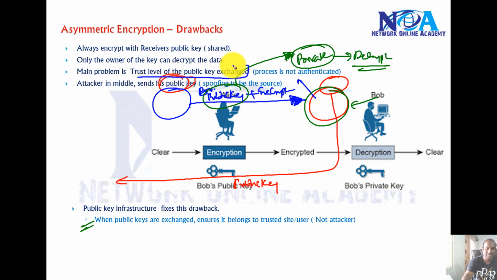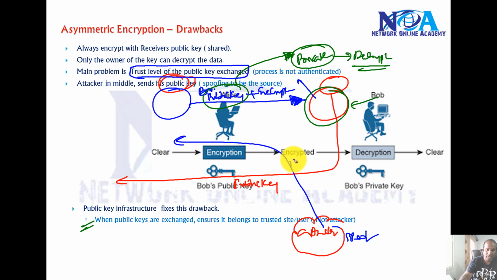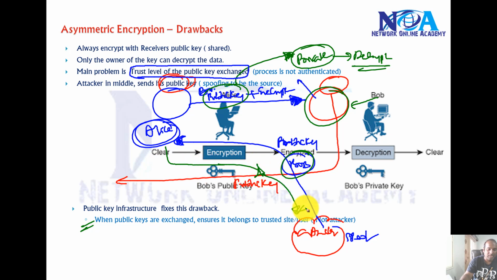the trust level of the public key exchange, which means, what if there is an attacker who is trying to spoof as if he is Bob and trying to communicate with Alice, the first person, and then he sends his own public key, and Alice is going to think that it is the public key of Bob and send down the information after encrypting, and the communication can go between the attacker and Alice instead of the actual Bob.